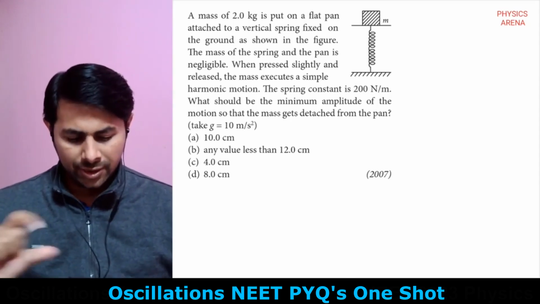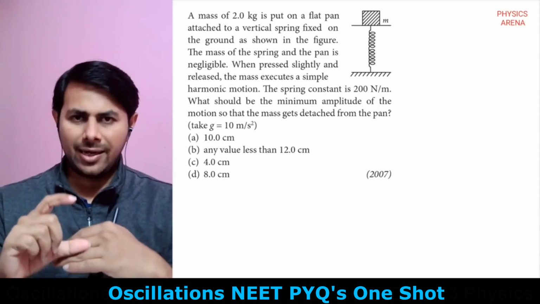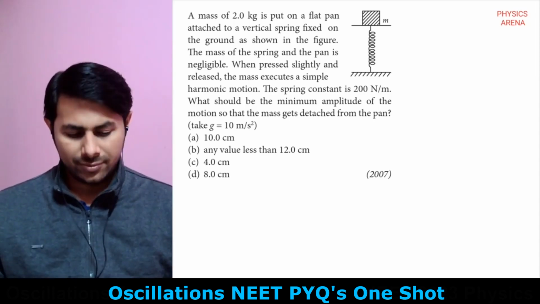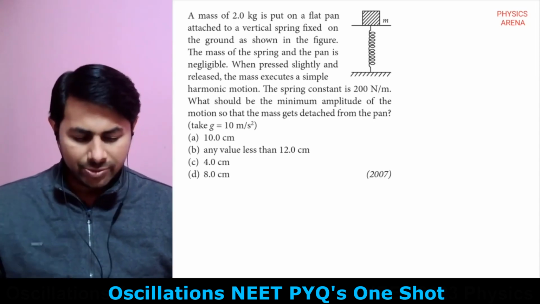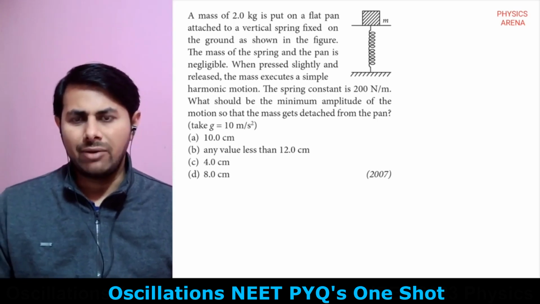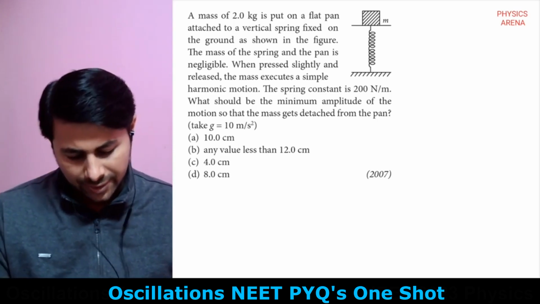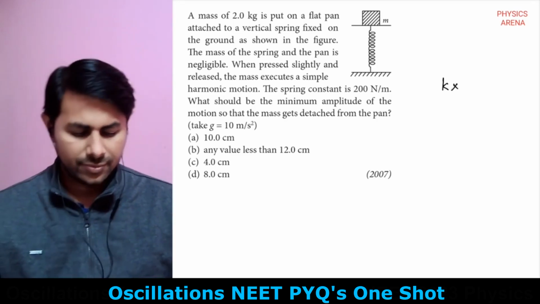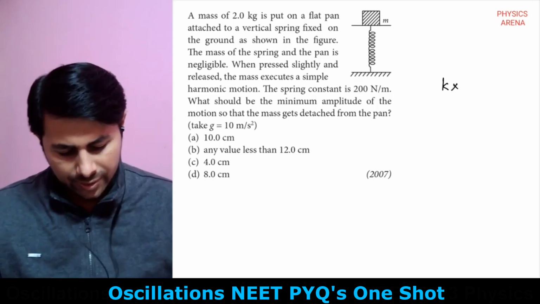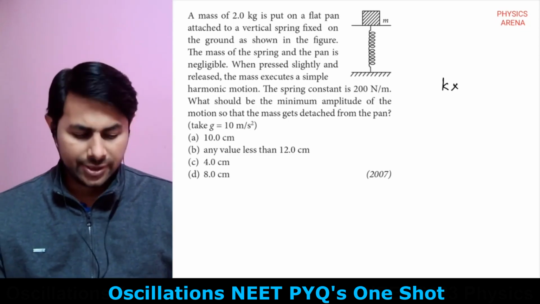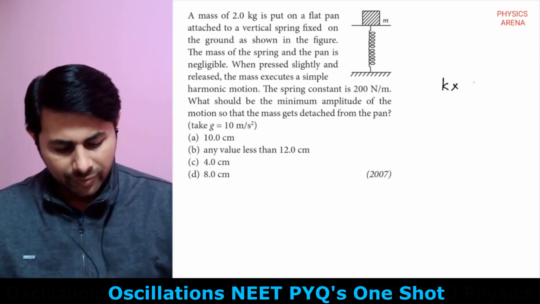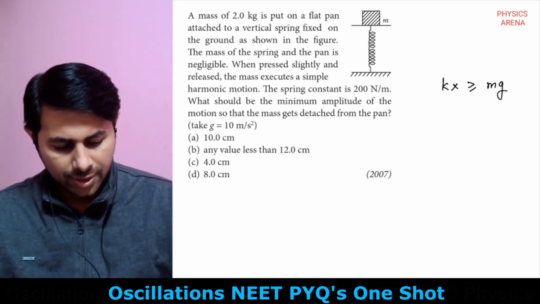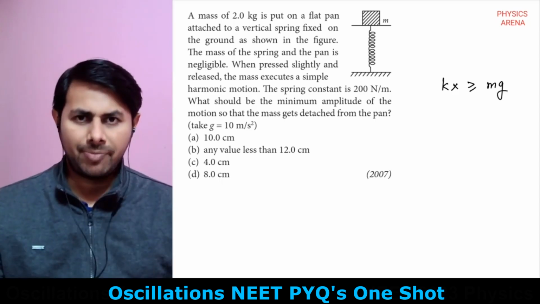So it will stay connected to the pan till the time both the forces are equal. The maximum spring force can be equal to the gravitational force. So kx should be less than or equal to the gravitational force. Till that time it will be attached. Once it exceeds the gravitational force, it will get detached from the pan.